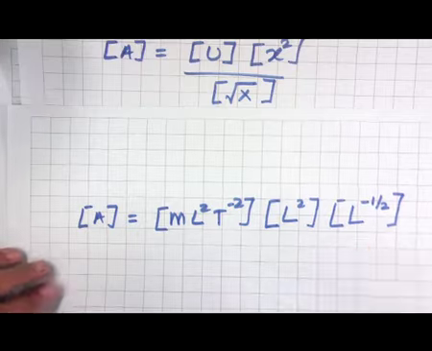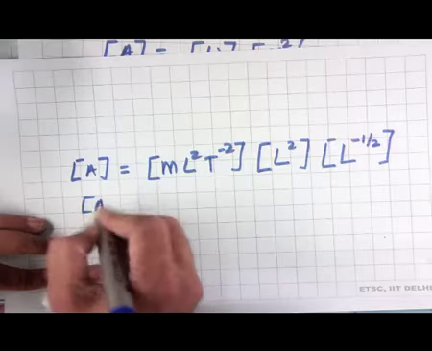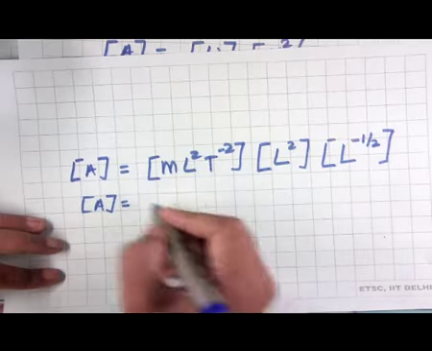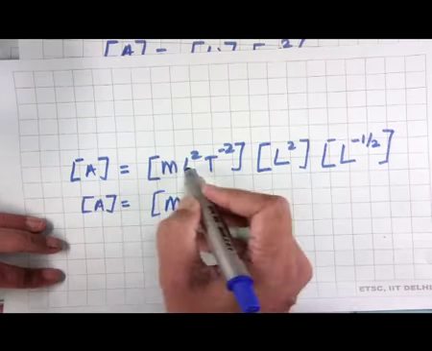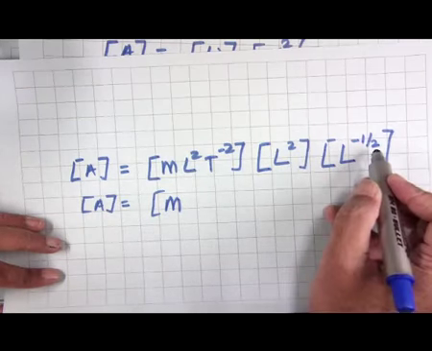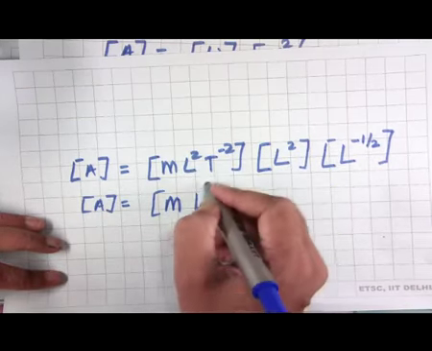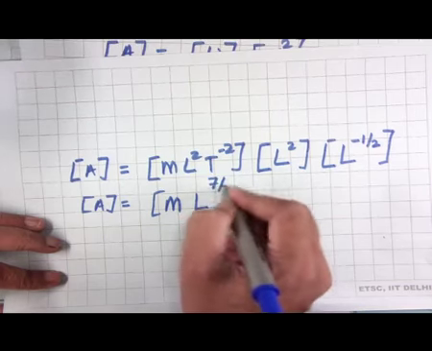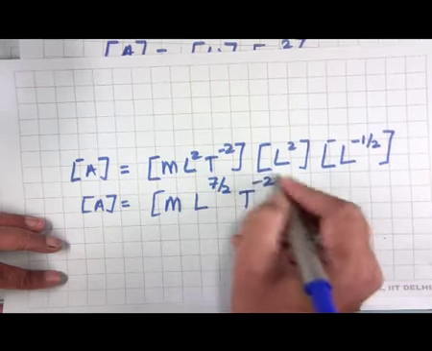So, this way we work out, and when we write the dimensions now, the dimension of A turns out to be equal to m times L to the power of 4 minus half, so L to the power of 7 by 2 t to the power minus 2.